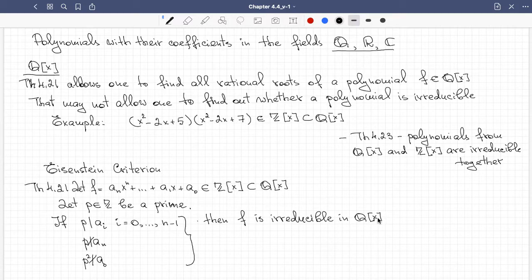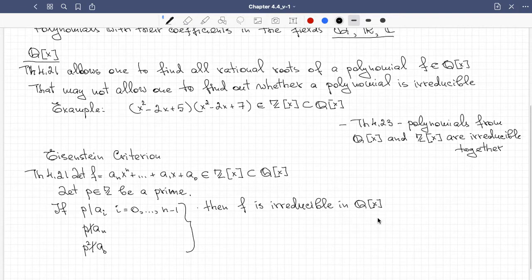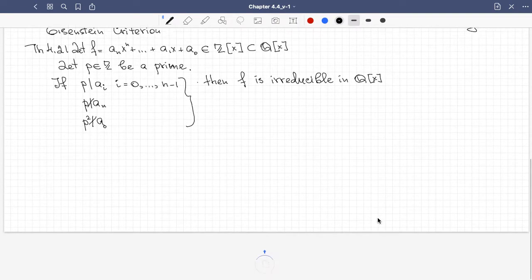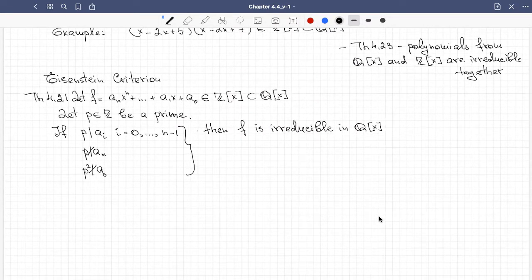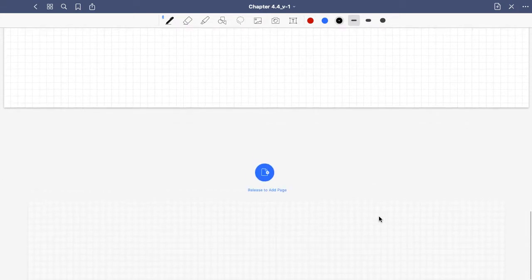As I said, the proof is a little bit lengthy and tricky, although does not use any concepts beyond high school algebra. Such a polynomial is called Eisenstein polynomial.